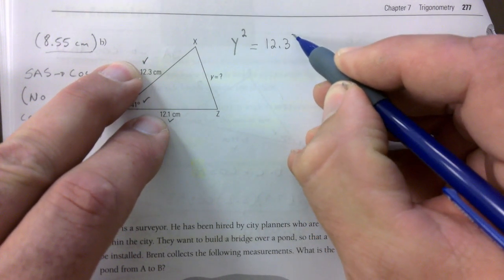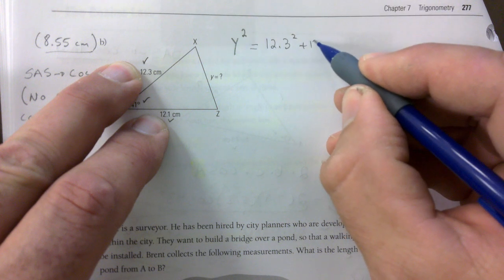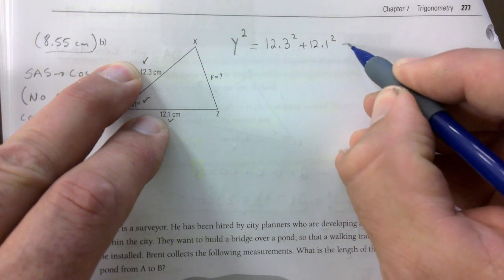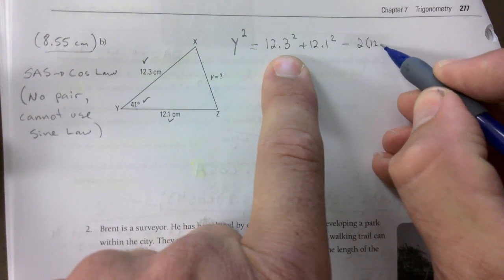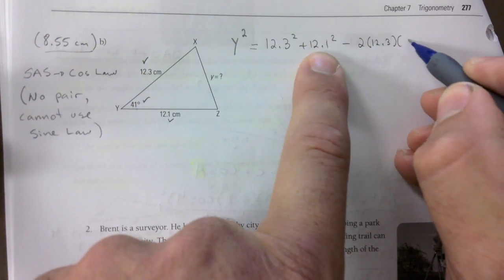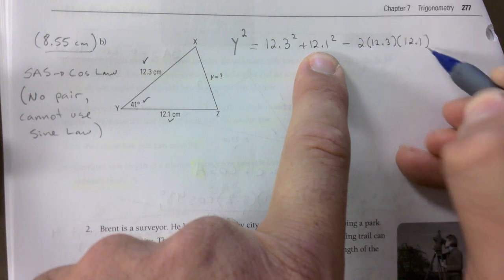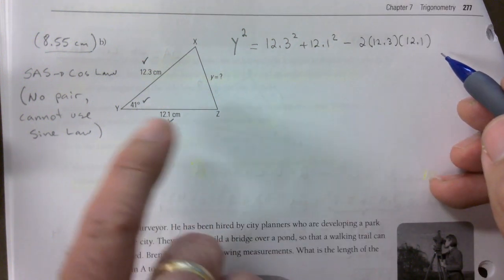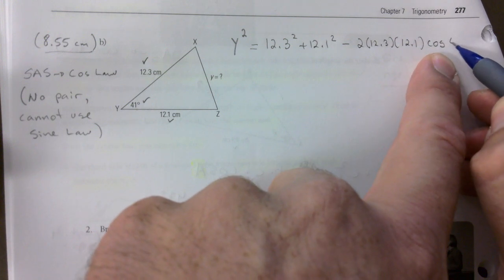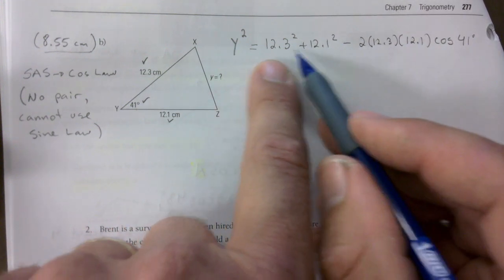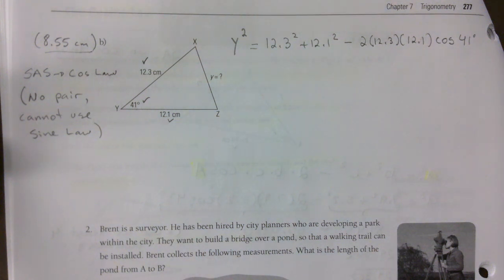So 12.3 squared plus 12.1 squared minus 2 times the first side you used times the second side. And then it's cosine of the only angle that's there. And remember this, when you look at it this way with squares, it's cosine law. Don't put a sine there. Some students put a sine and then everything is wrong, right?